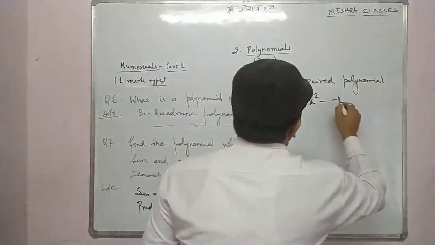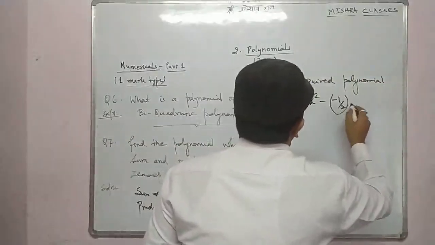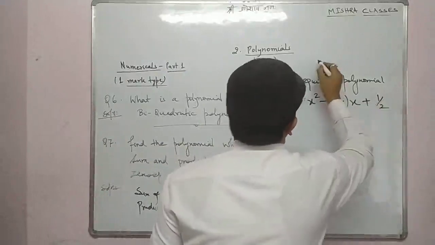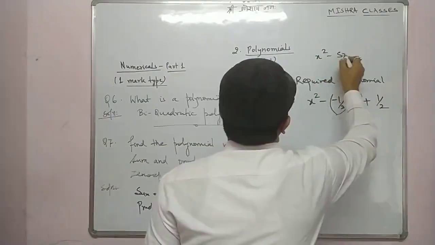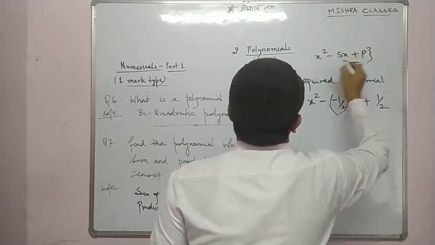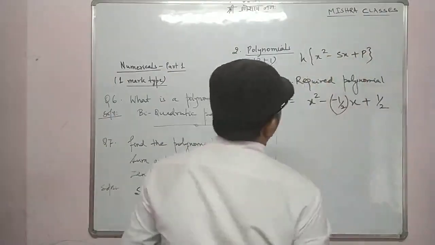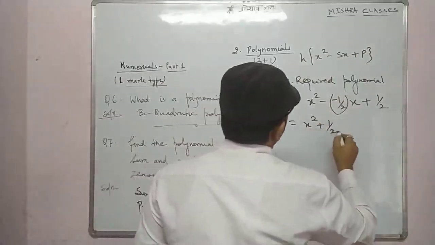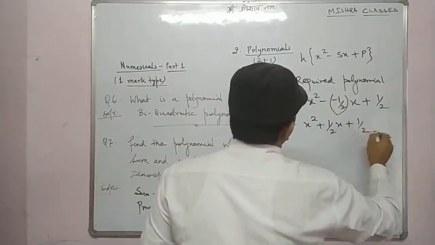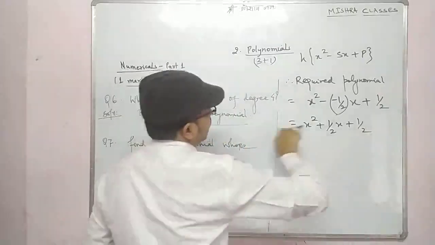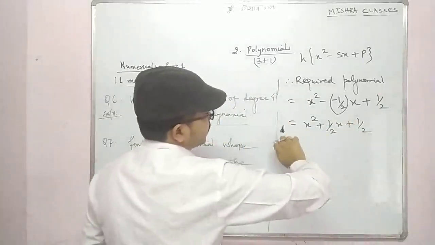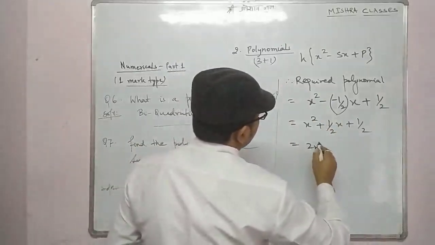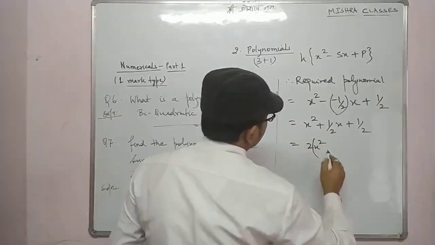Sum is minus of half. x square minus sum of the zeros into x plus product of the zeros. Remember, it's like this: x square minus sx plus p, and here is k. So we will take x square plus half x plus half. Now you see, if we multiply throughout by 2, that means if we take constant 2 and multiply throughout, then what will happen? This will become 2, like this.